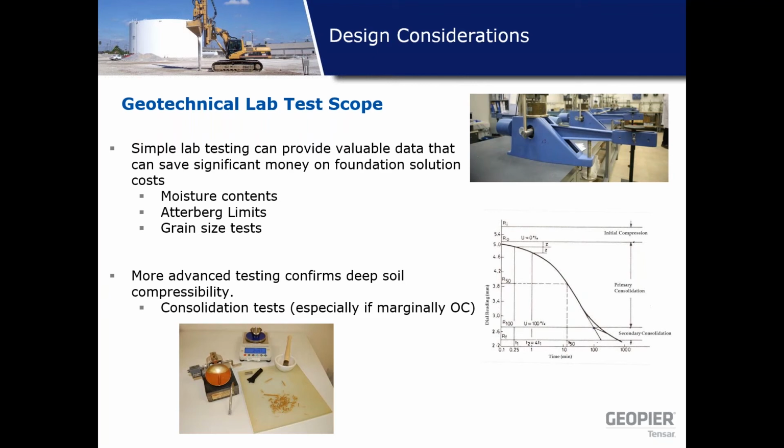These tests provide us the soil profile with depth. For example, if moisture content is close to the liquid limit of the soil, it tells us these soils are either normally consolidated or slightly over consolidated, and with the applied load, they will undergo excessive settlement or deformations.